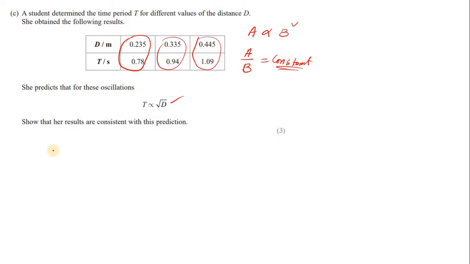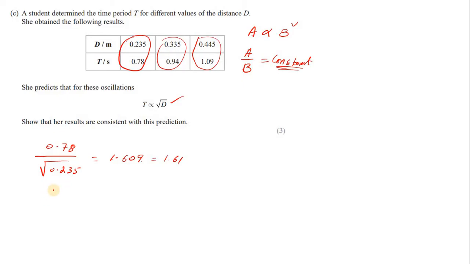So let's check. T is 0.78 divided by square root of d. So square root of d is 0.235. You use your calculator, your answer will be 1.609, which is approximately 1.61. And then you do the same thing.